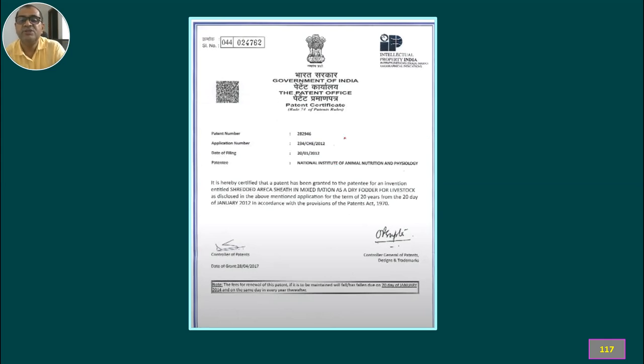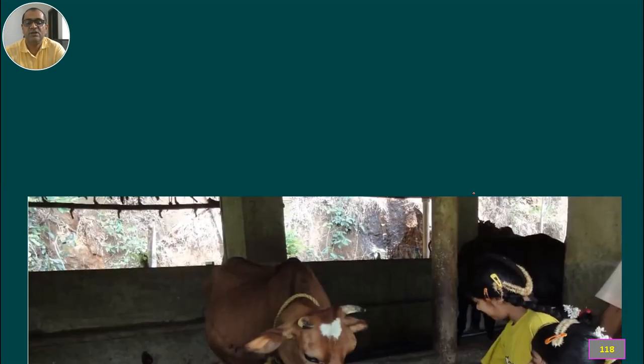Then this is the letter issued by the Government of India, the Patent Office, given to the National Institute of Nutrition and Physiology, because they have done research and got the patent on this particular product.